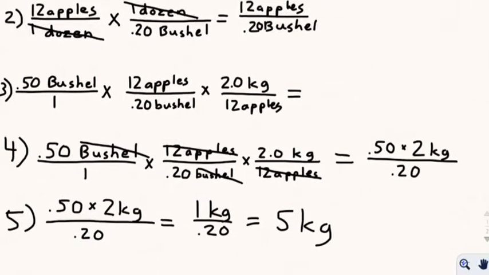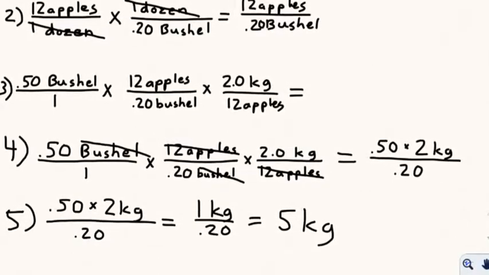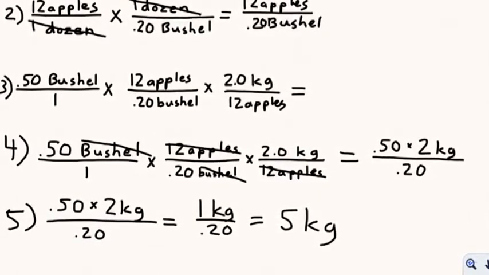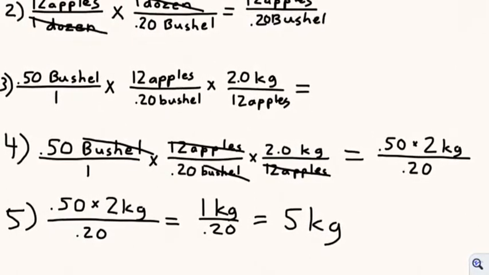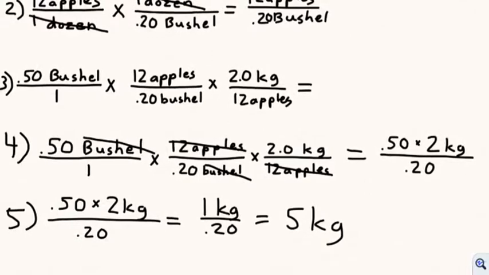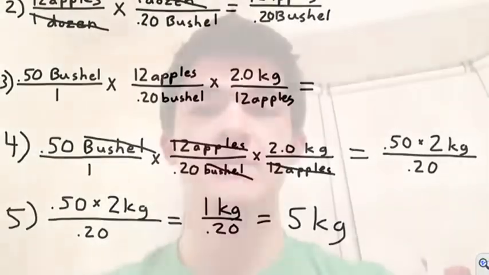If we had 0.5 bushel, using the conversion factor of 12 apples to 0.2 bushel, and knowing that 2 kilograms is 12 apples, I was able to use cross-canceling to show that 0.5 bushel equals 5 kilograms.